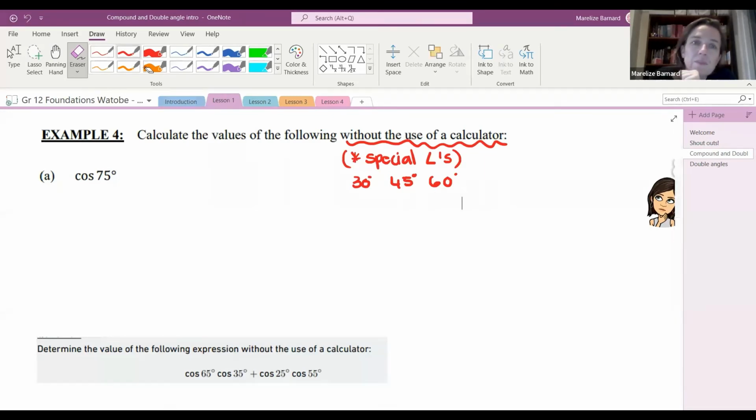So for special angles, you need to know your special angle triangles. That's where the ratio comes from, because it says without the use of a calculator. So if you do this with a calculator, you get no marks. They're very strict at the end of the year with this. So you have to only use your triangles. Let's draw them one more time.